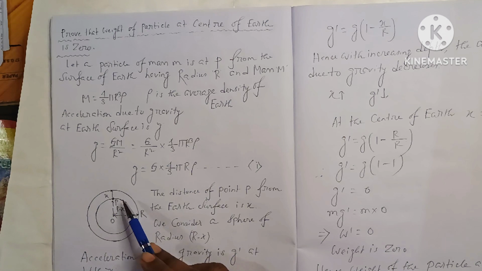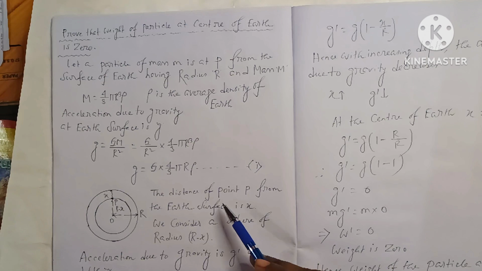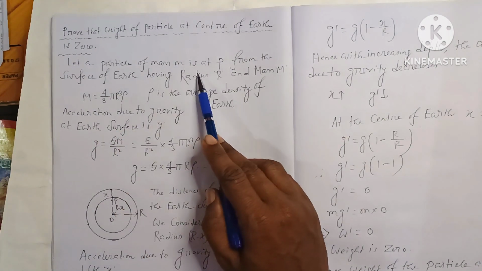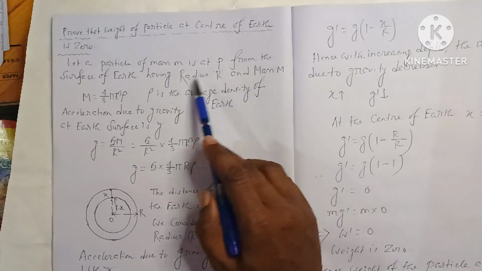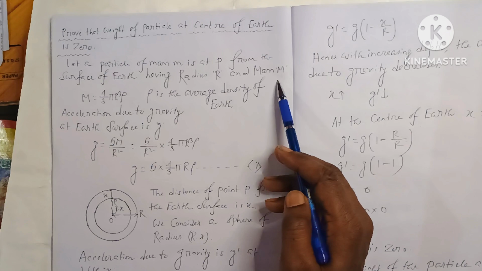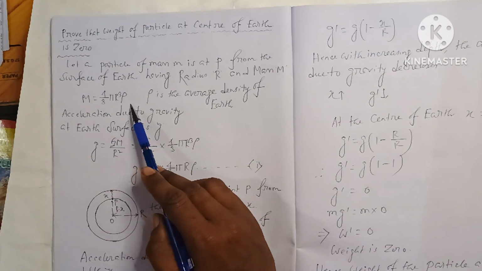With the help of these two spheres, we have to calculate g dash by g. Let a particle of mass m be at P, below the surface of the Earth having radius r and mass M. So M equals 4 by 3 pi r cube into rho.